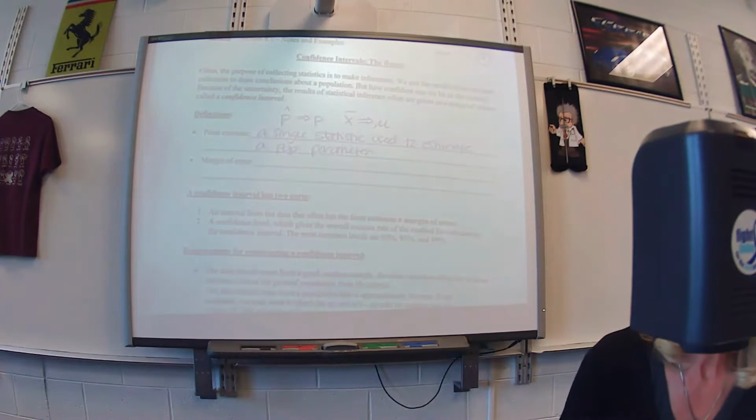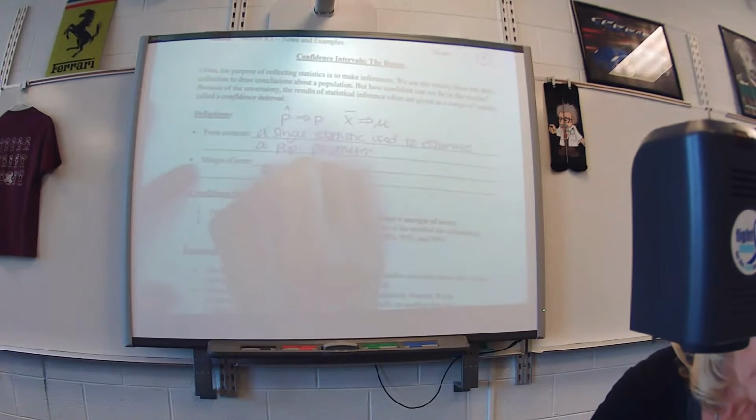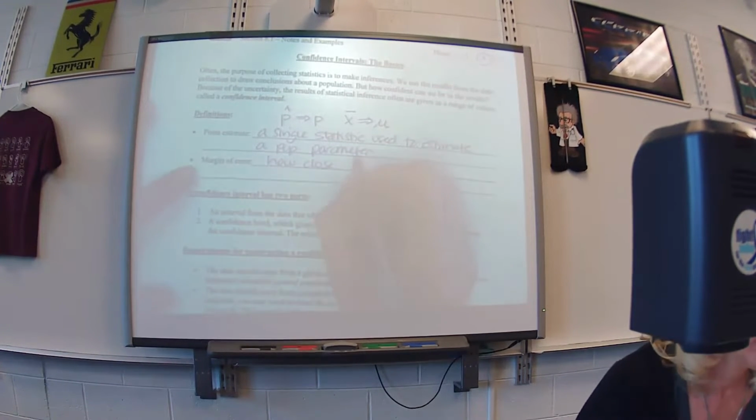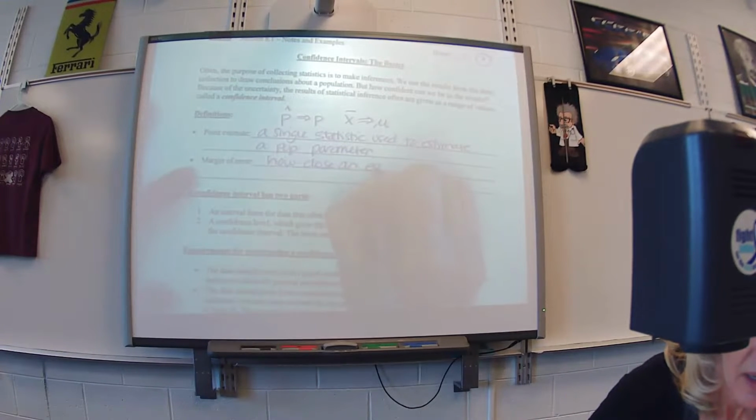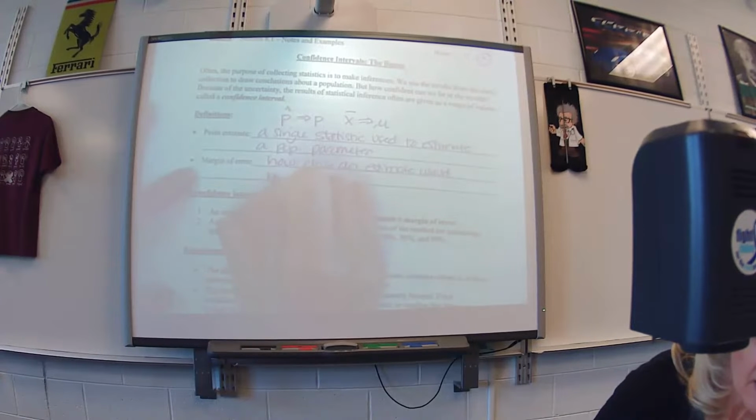The margin of error is how close an estimate would be with repeated sampling.